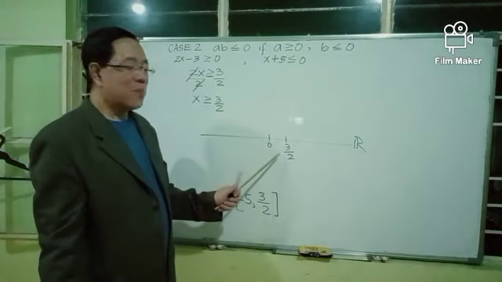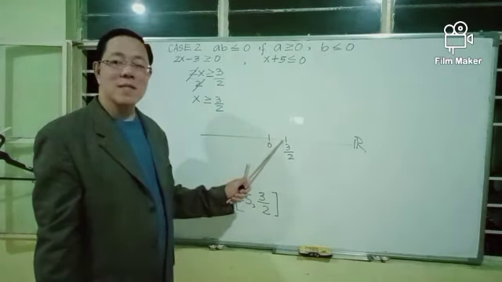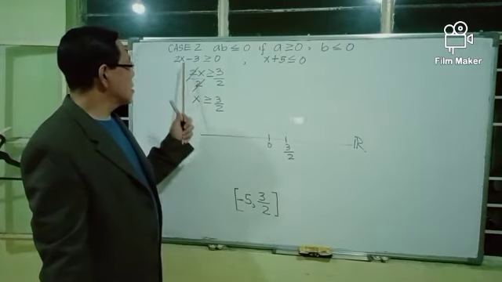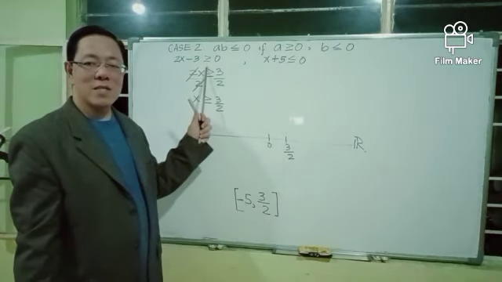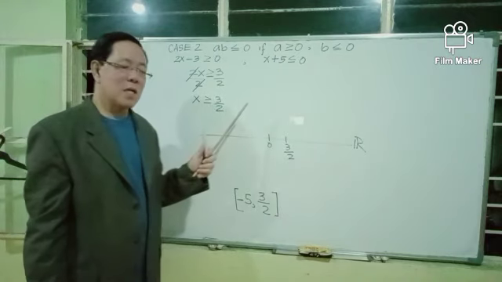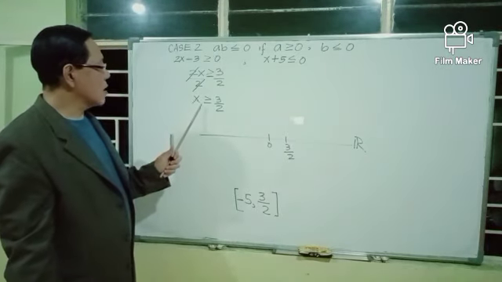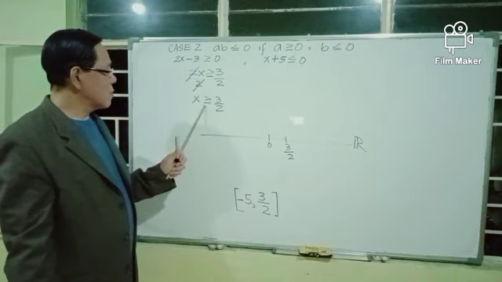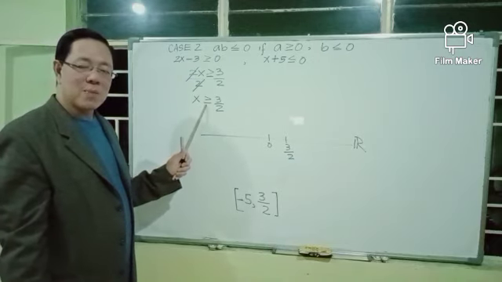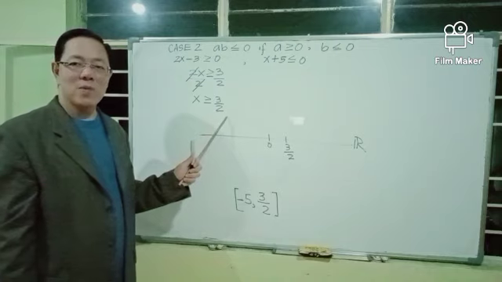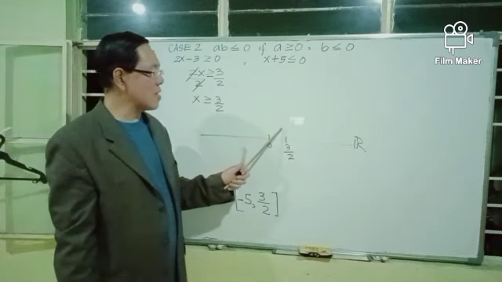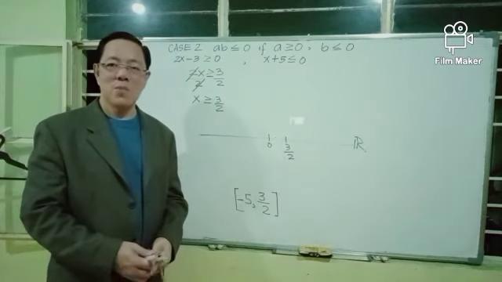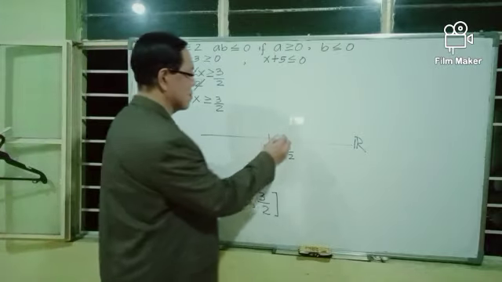And we approximate that this point is 3 over 2. The solutions of 2x minus 3 greater than or equal to 0 are those real numbers that are greater than or equal to 3 over 2. With the equal sign, it means that 3 over 2 is one of the solutions, and we indicate that by a small shaded circle.